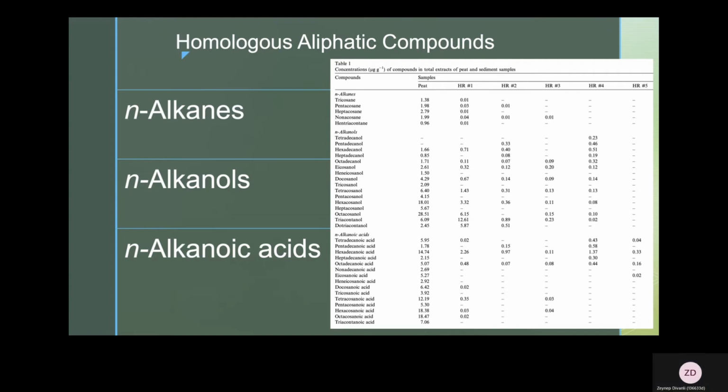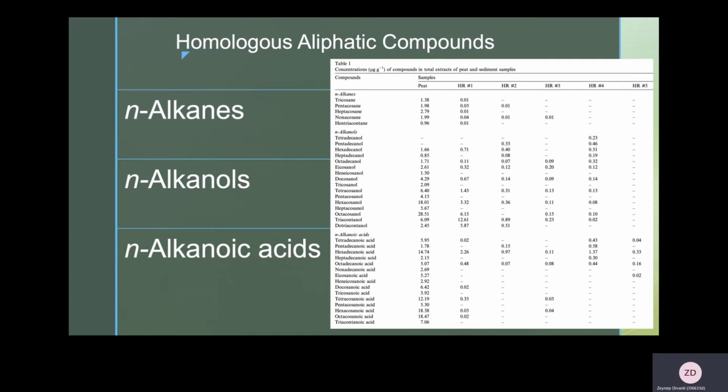Alkanes consist entirely of single bonded carbon and hydrogen atoms and lack any other functional groups most of the time, especially for these biomarker tracers. Alkanols are aliphatic alcohols.